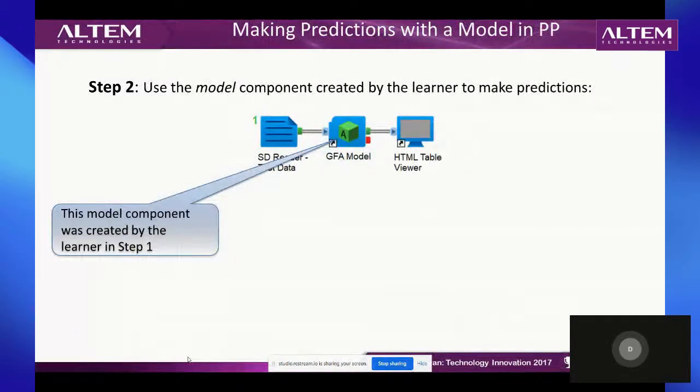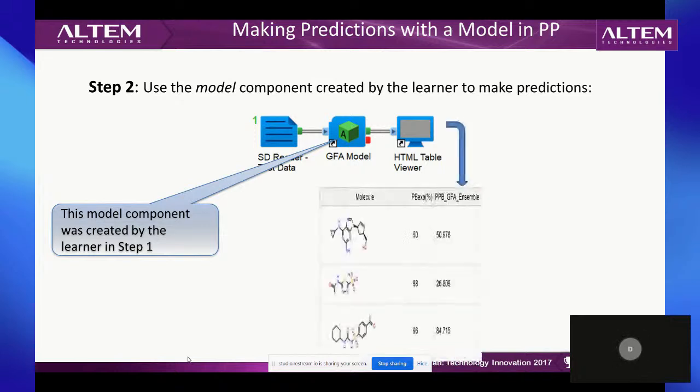Then I create this component created by the learner. Now it's learned, and it became a component. The model component created by the learner will help you to make predictions. So I give it drugs, and it will predict and tell me the results, such as the plasma protein binding, PPB, of a genetic function approximation ensemble. What you learn from there, it will understand and help you make predictions.